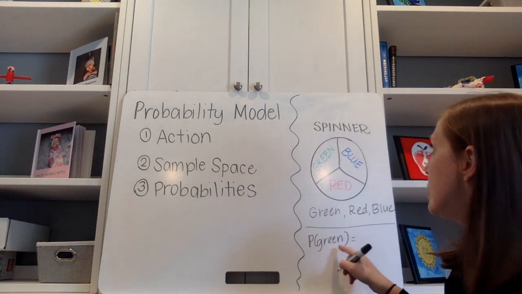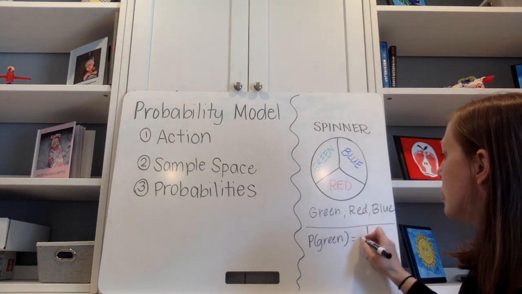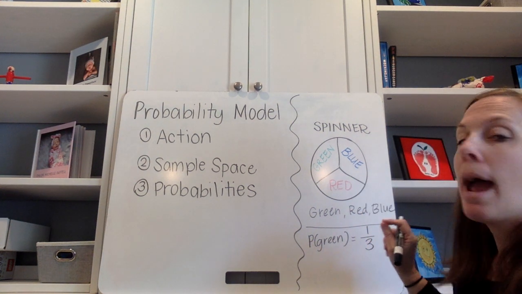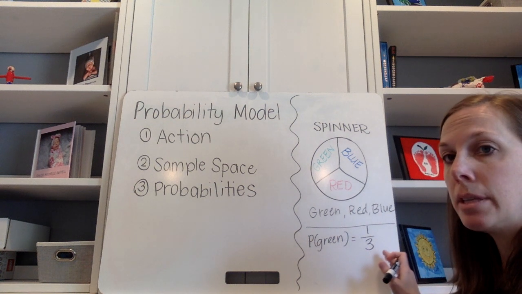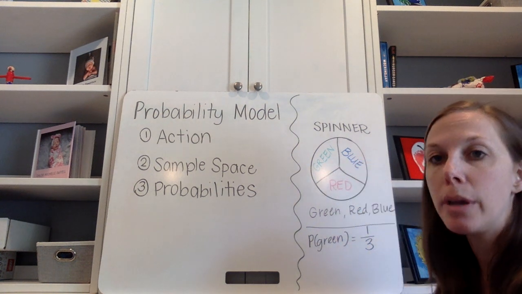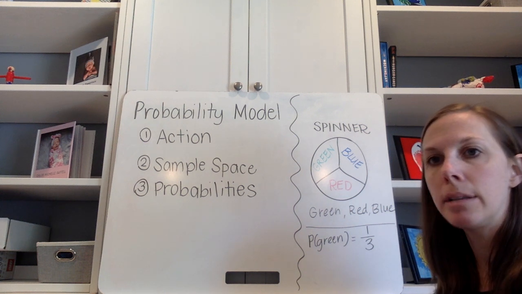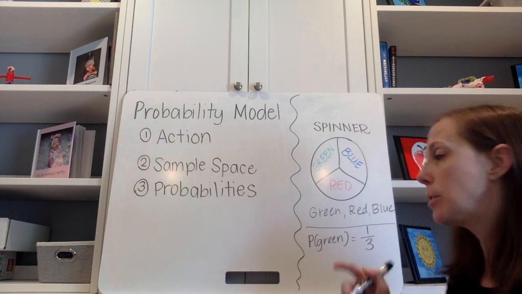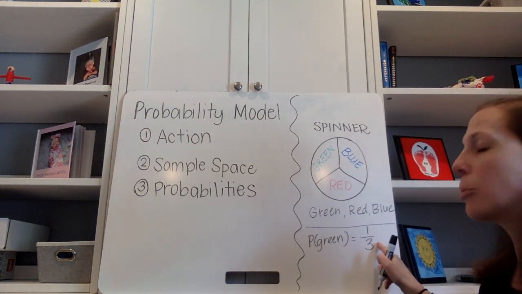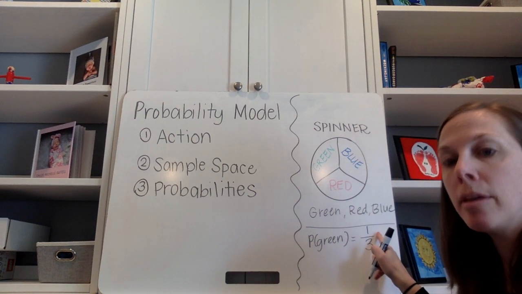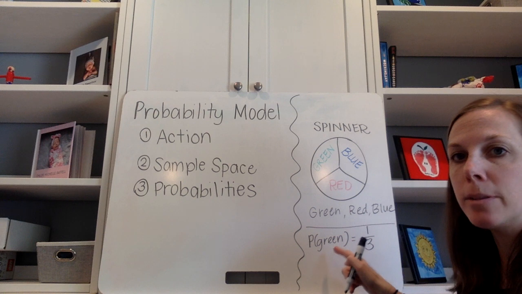So the probability of spinning green, there's 1 green space out of 3, and I only write it as 1/3 in this case because all 3 of these are equal. If they weren't equal, then it wouldn't necessarily be 3 even spots. But since this spinner is divided into 3 equal pieces and 1 of them is green, the probability of spinning green is 1/3.